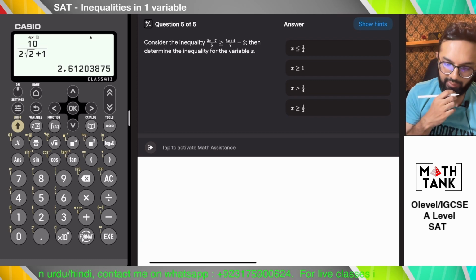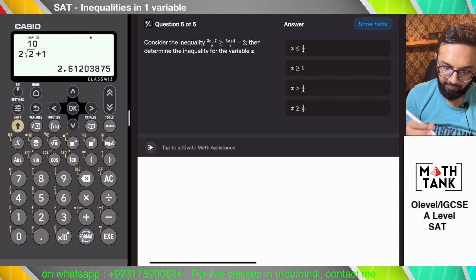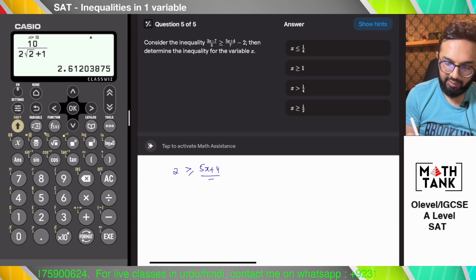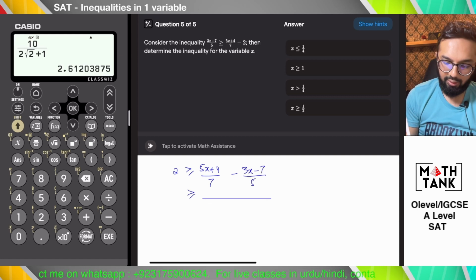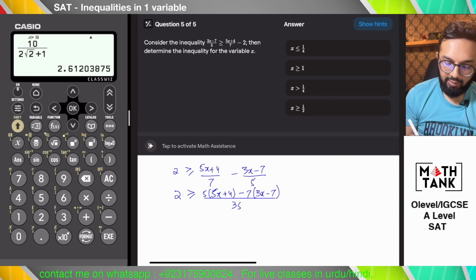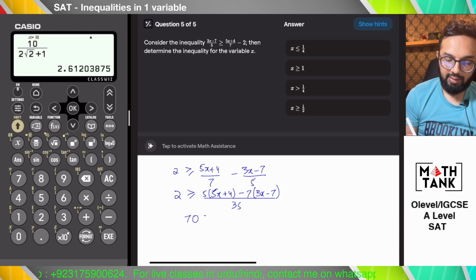Okay, let's see this quickly. What I'm going to do is move 2 to this side, and 5x plus 4 divided by 7 minus 3x minus 7 over 5. Take a common denominator. So 35 gets cross multiplied and gives me 70.